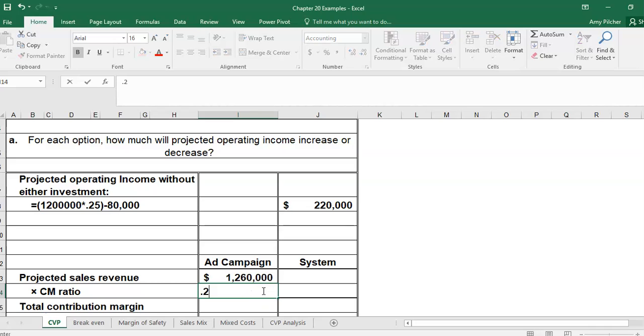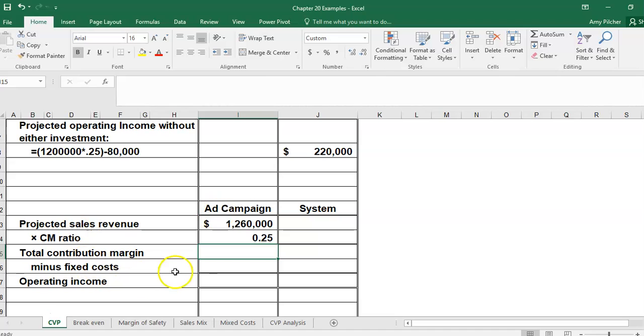Our contribution margin stays the same at 25%. So we would take our sales times our contribution margin, and we get total contribution margin of 315,000. That is what our sales minus our variable costs would equal.